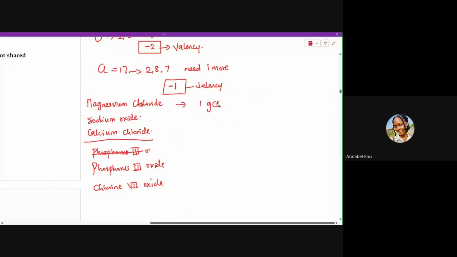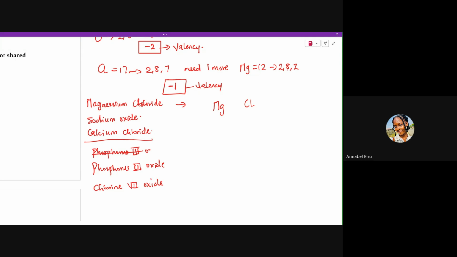So if we have that in mind, we'll put down our magnesium and we'll put down our chlorine. The next thing we'll ask ourselves is, what is the valency of magnesium and what is the valency of chlorine? Magnesium is 12 in the periodic table, and so the configuration is 2, 8, 2.